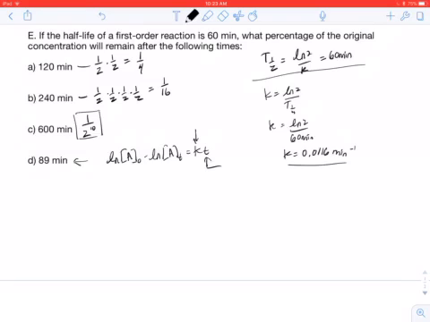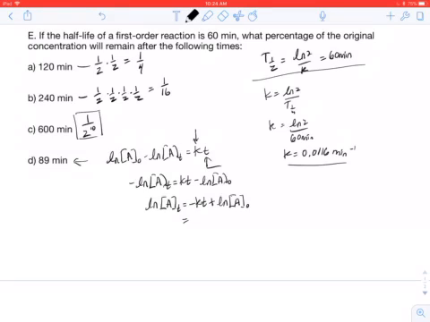Okay. So let's do some math here. Multiply both sides by -1. And we'll go ahead and solve for this.